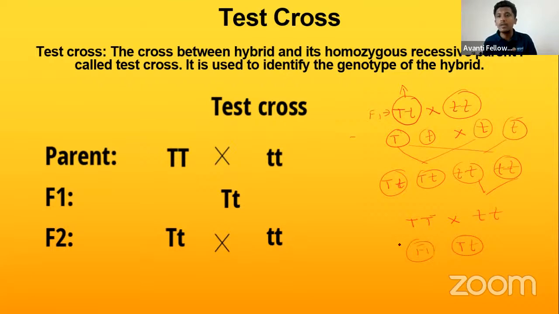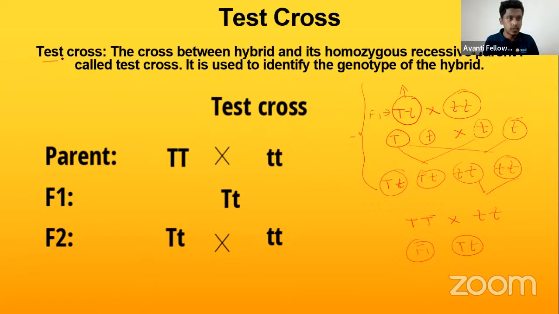If we get all tall plants in the F1 generation, that shows it is a homozygous dominant plant, or homozygous tall plant, correct? So Mendel actually did not directly take the heterozygous plant and cross it with a recessive plant and establish his results. He went on to do permutations and combinations, and he ended up with this methodology.